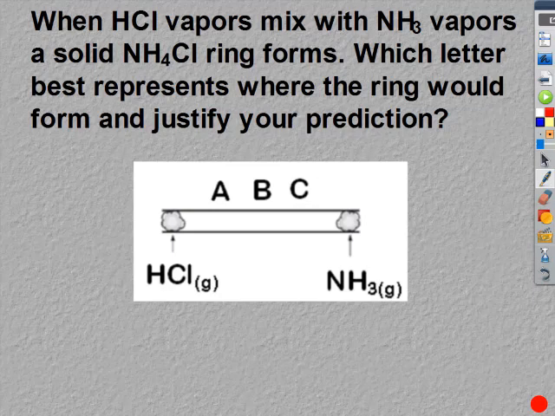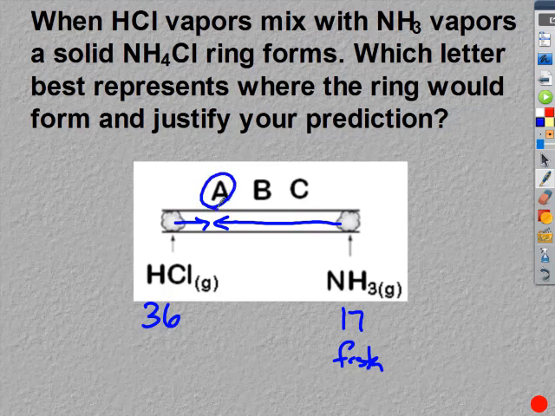So what you should have been thinking was HCl has a molar mass of around 36 and NH3 is around 17. Since NH3 has a smaller molar mass, it's going to move faster than HCl will. Therefore, it's going to travel further than HCl will before they meet.